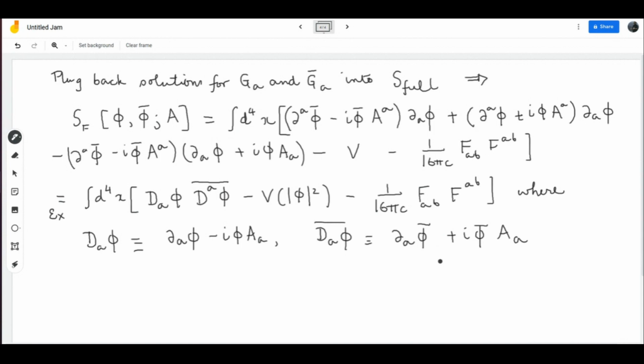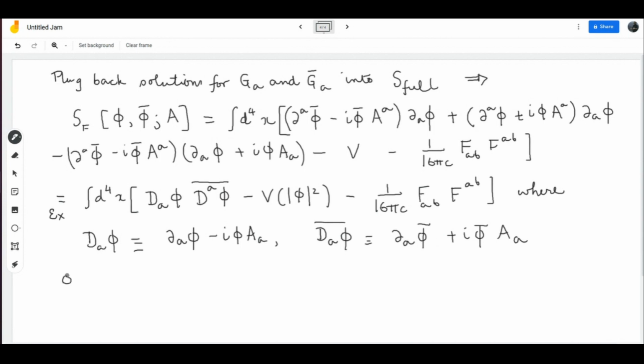Okay, so let me show you some new things. First of all, remember the previous scalar field action, del_A phi bar del^A phi minus V of phi, etc., had a U(1) symmetry, right? I'm going to talk about the U(1) symmetry slightly differently, but we did this earlier.